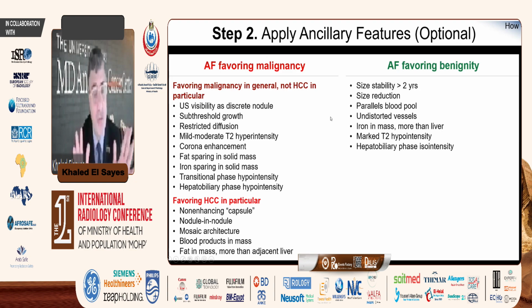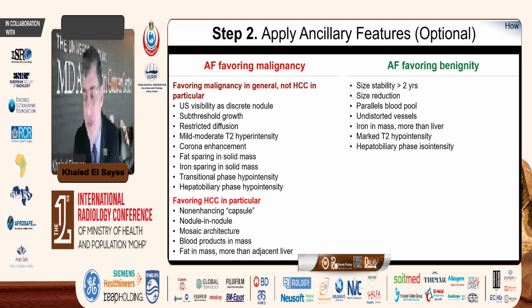Those are general terms, guys. You can use them, you will not go wrong with those, right? If it's, for example, presence of fat within a mass in a cirrhotic liver, you use it as an ancillary feature for HCC in particular because HCC can contain fat. Nodule in nodule is actually a very early stage of HCC.